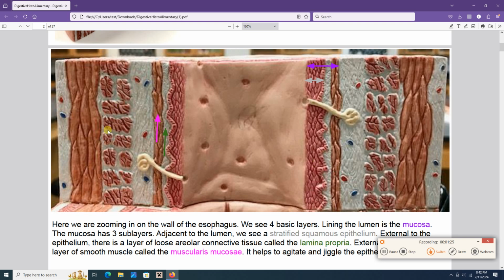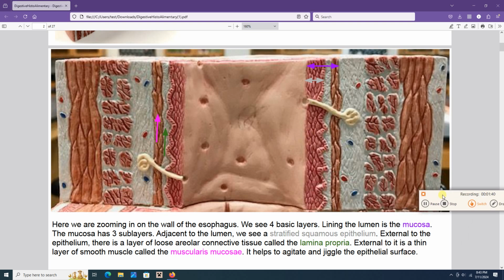We got the 4 basic layers. Okay, so this whole purple guy right here, that is our mucosa. So the mucosa always lines the lumen. The mucosa always has 3 layers to it, like 3 sublayers. So there's always an epithelium, which in this case is a stratified squamous for protection.